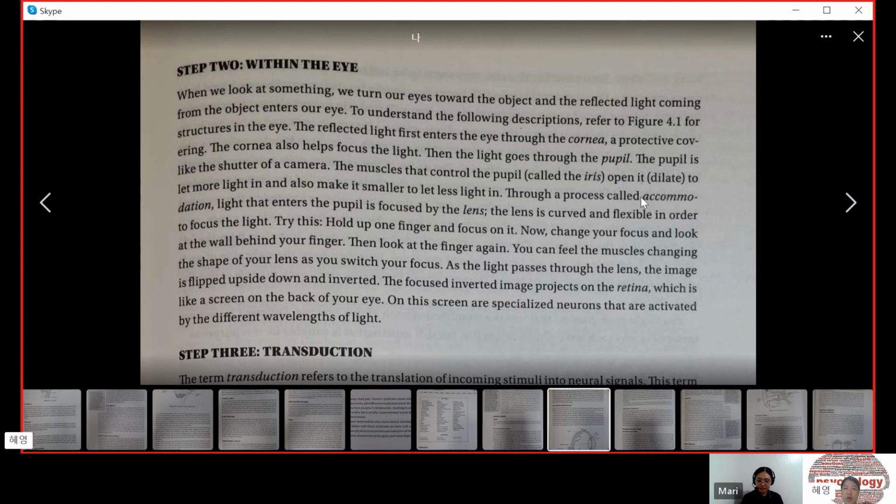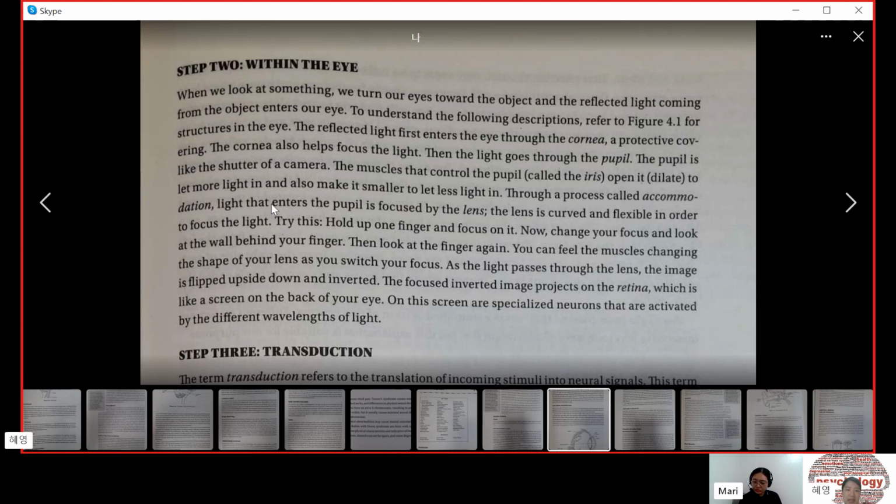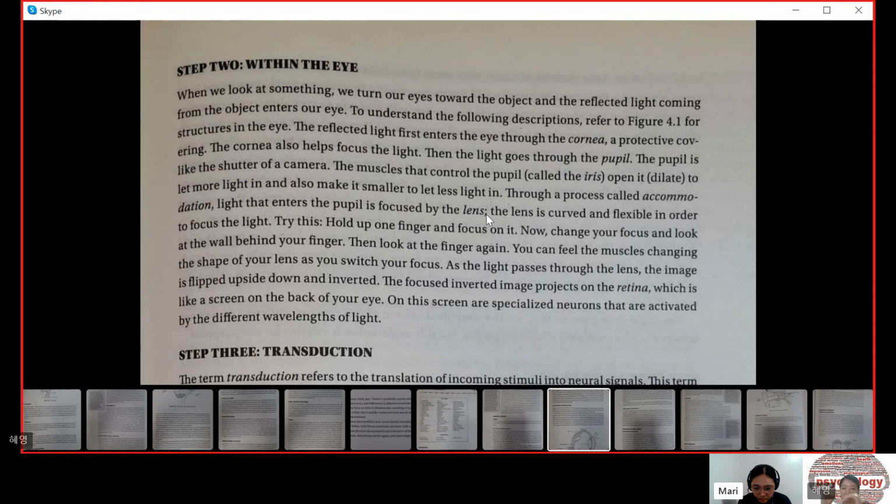Through a process called accommodation, light that enters the pupil is focused by the lens. The lens is curved and flexible in order to focus the light. Try this. Hold up one finger and focus on it.